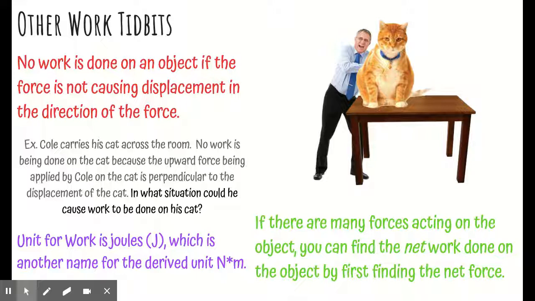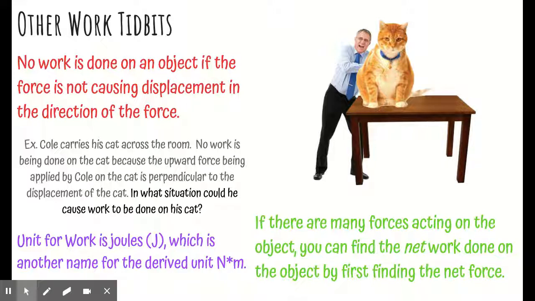The act of the bulldozer picking the rock up off of the ground would be a situation where work is done, but the act of that bulldozer moving that rock, picking it up in its scoop and driving across the ground with it, the driving across the ground is not work being done because the force wasn't applied to the rock in that direction.